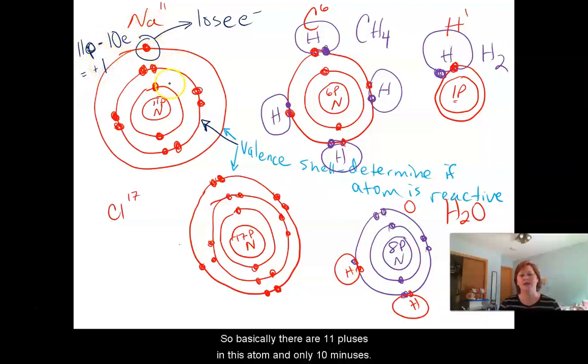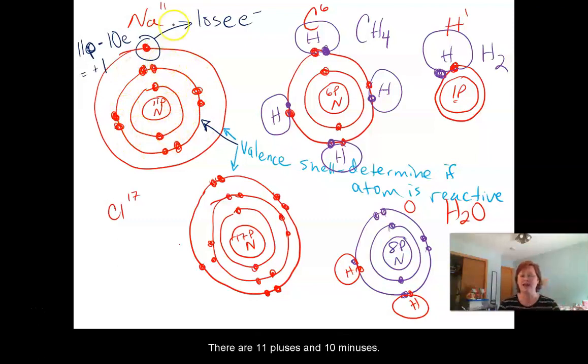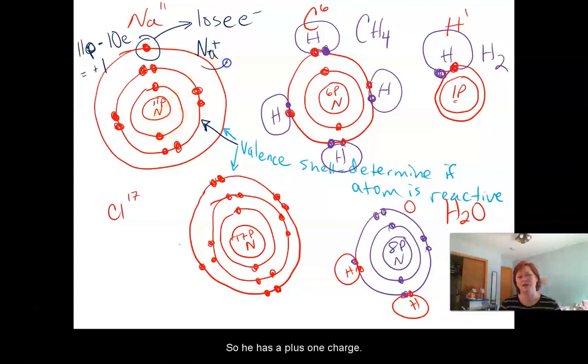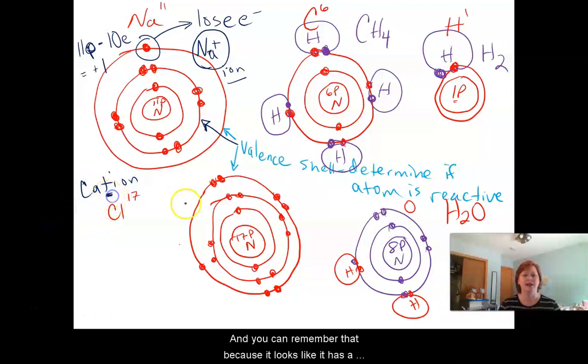So basically there are 11 pluses in this atom and only 10 minuses. That means my sodium atom now is a little more positive. So it has a +1 charge, and we say that it is an ion. Specifically, if it's a positive ion, it's called a cation. And you can remember that because it looks like it has a plus sign right in the name.